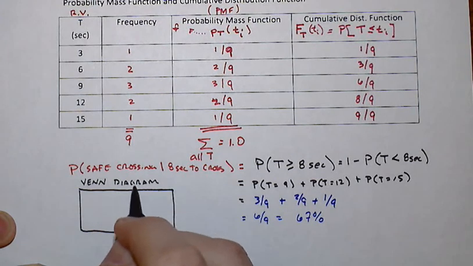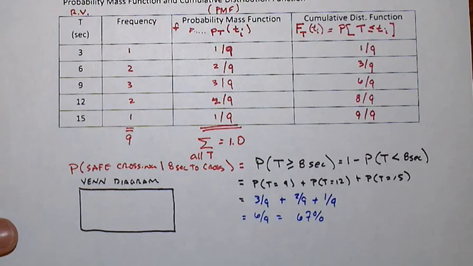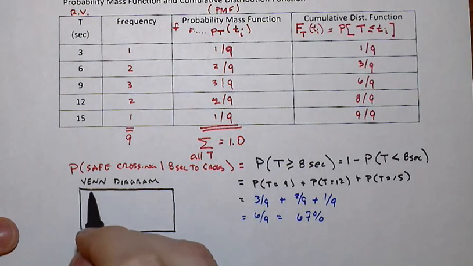But if not, it doesn't really matter. The Venn diagram is this idea that we can graphically portray our different possible outcomes or events. Sometimes that's very useful when we start looking at intersections and unions and some difficult combinations of those.